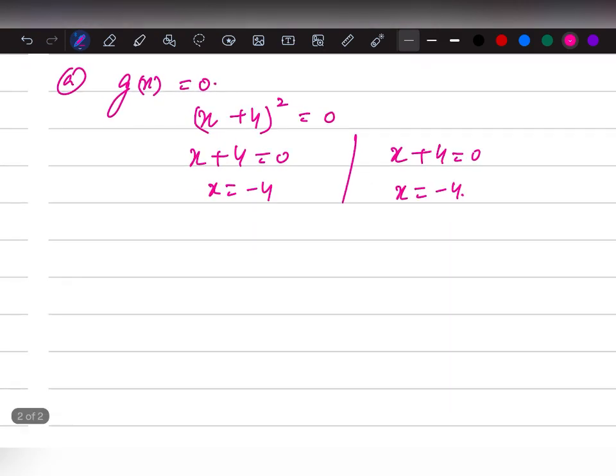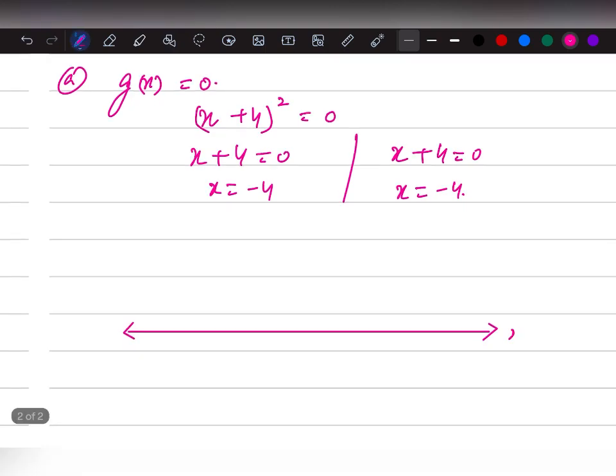When I plot this on the number line, let's say this is my x-axis, and there will be negative 4 here. It will touch the x-axis at negative 4. This is my g of x.